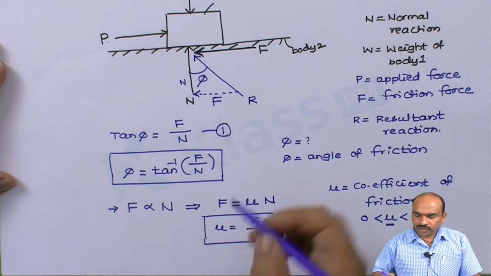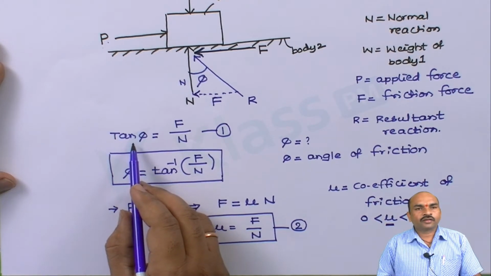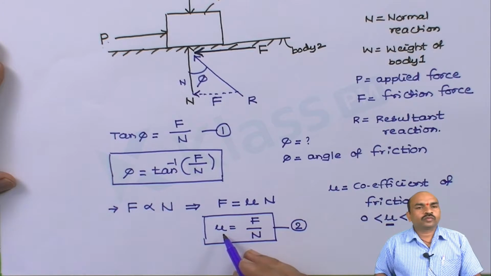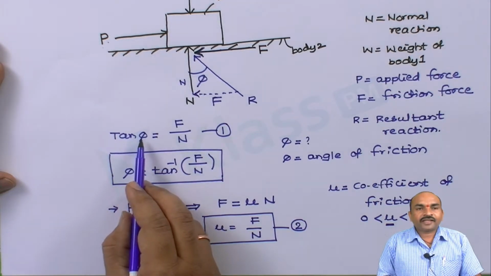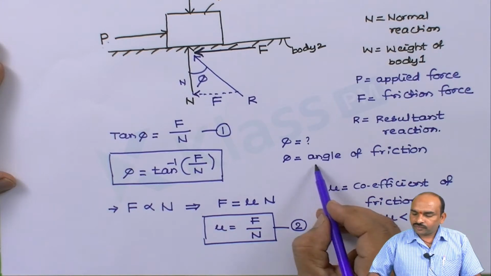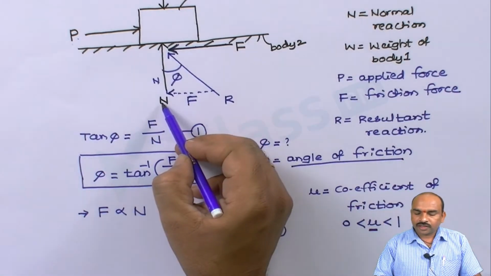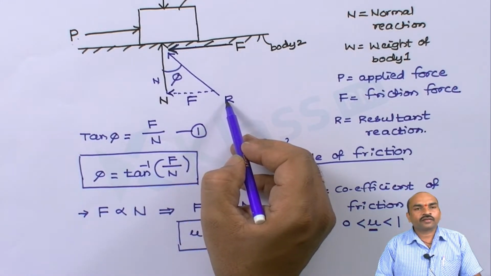If you observe here, F by N is equal to tan phi. So F by N is also equal to mu. This is the coefficient of friction which depends on the surface, whereas phi is the angle of friction, which is the angle between the normal reaction N and the resultant reaction R.